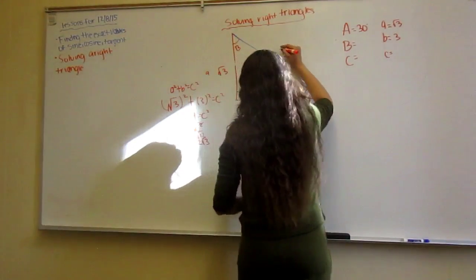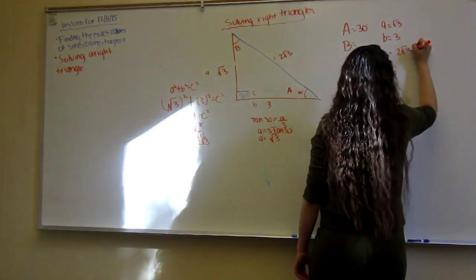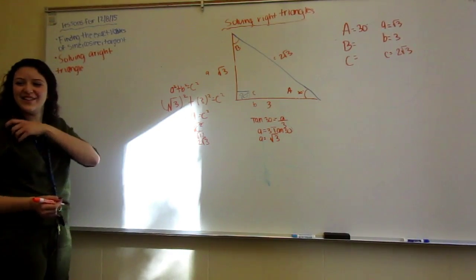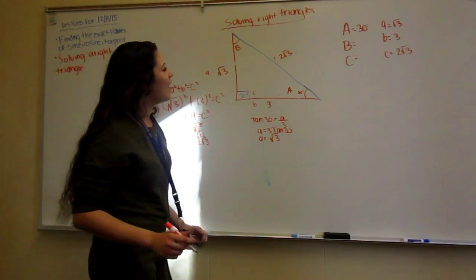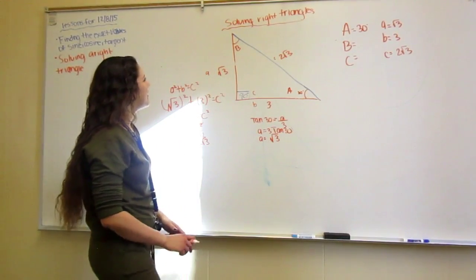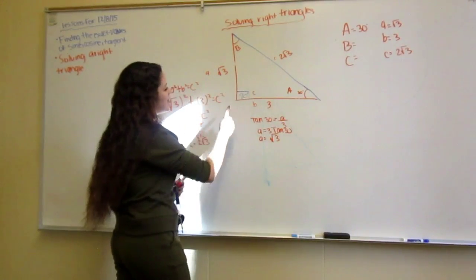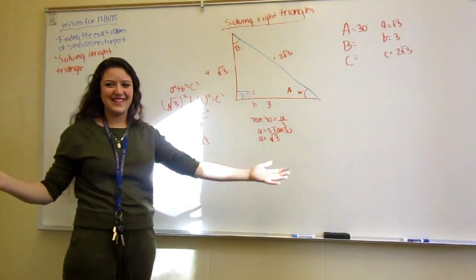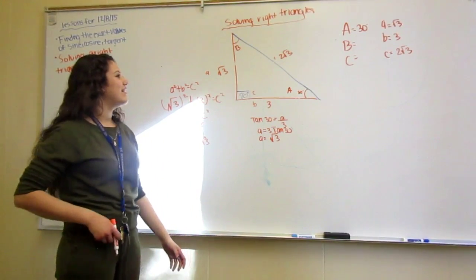So now we have our c. So it's 2 radical 3. Do you guys understand this? Yeah. No blank stares? Okay, now all we need is to solve for big C and big B. Since we have all the sides, what identities could we use?